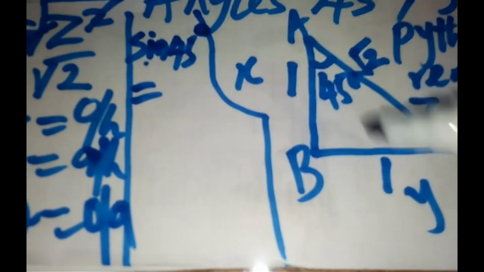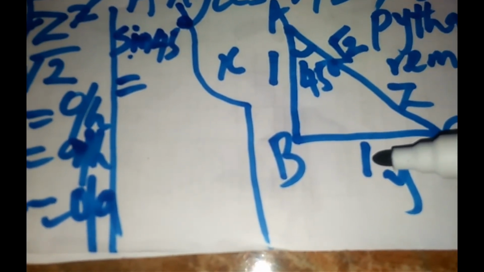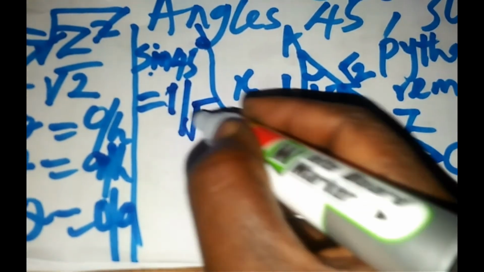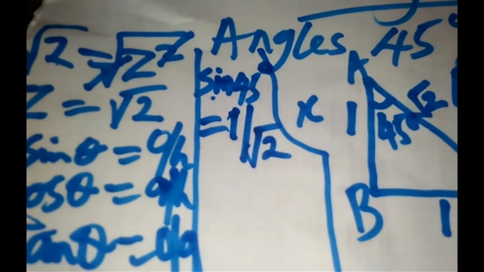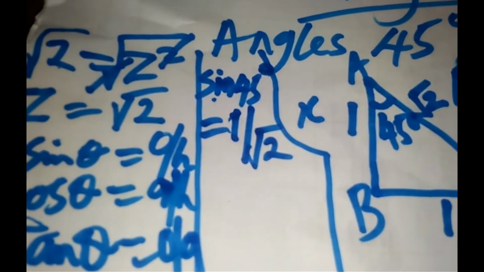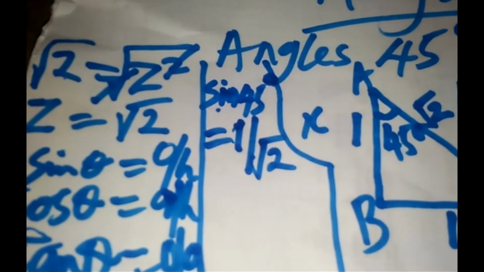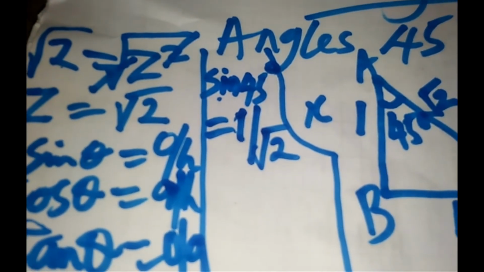If this is 45 degrees, here would be the opposite, and since opposite would be 1 over hypotenuse, our hypotenuse is the longest side, so it will be square root of 2. So our sine 45 will be equal to 1 over square root of 2. If you have your calculator, you can just punch that, and whatever result you get, if you check it on the tables, it will be the same thing.